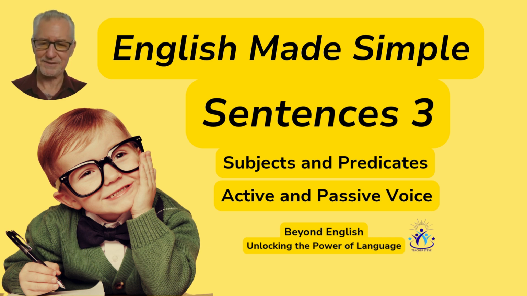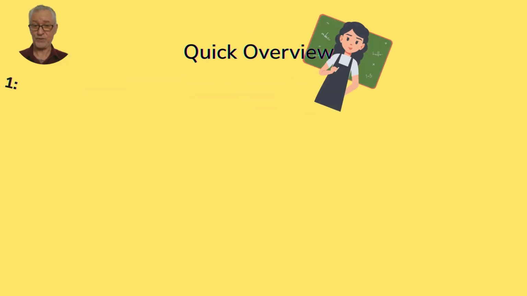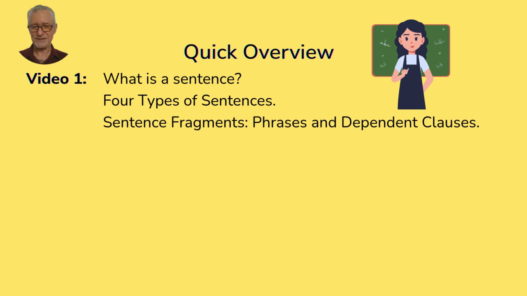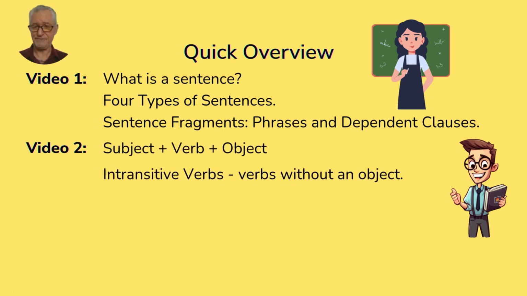Let's get into it. I'll just do a quick overview of videos 1 and 2 before we get into today's lesson. In video 1, we looked at what is a sentence, the 4 types of sentences, along with sentence fragments, phrases, and dependent clauses. In video 2, we looked at the subject, verb, object sentence structure, along with intransitive verbs, that is, verbs that don't have an object.